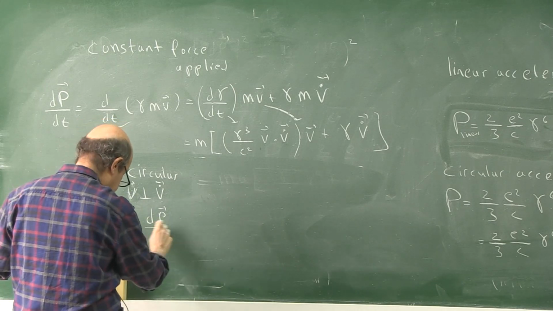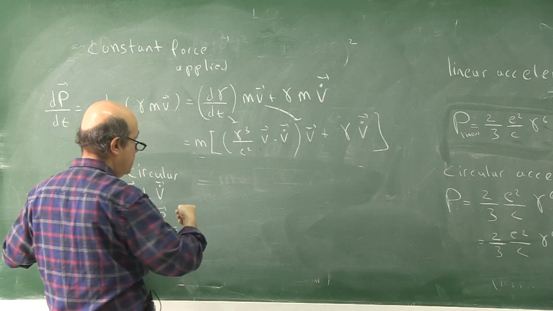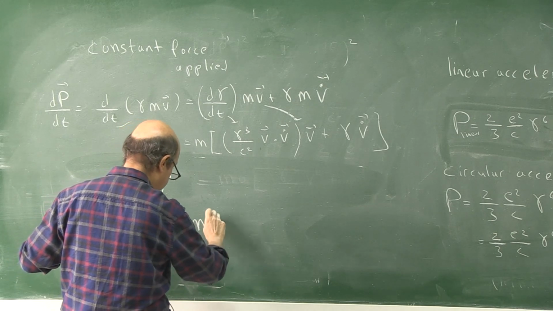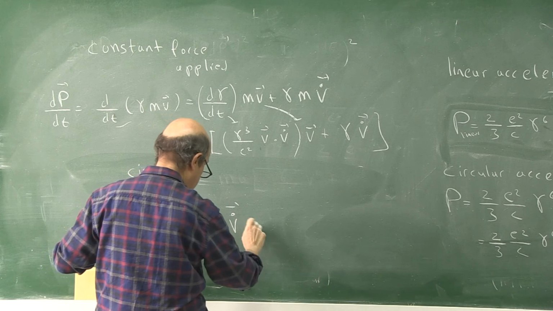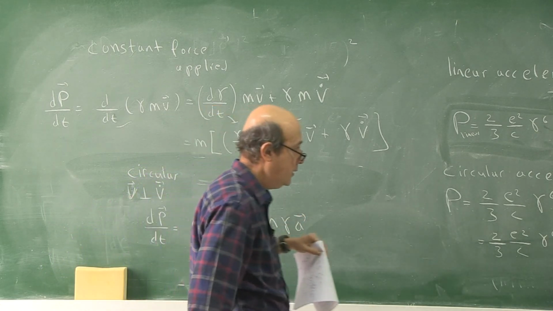The relativistic force on the particle which is moving uniformly circular, this term will be 0, so it will be m gamma v dot, or m gamma times acceleration.